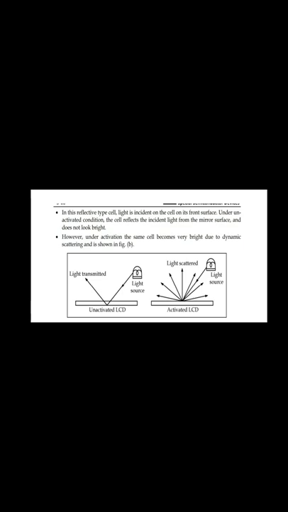In the reflective type cell, this is the figure of the reflective type cell. Light is incident on the cell on its front surface. Under unactivated condition, the cell reflects all incident light from the mirror surface and does not look bright.